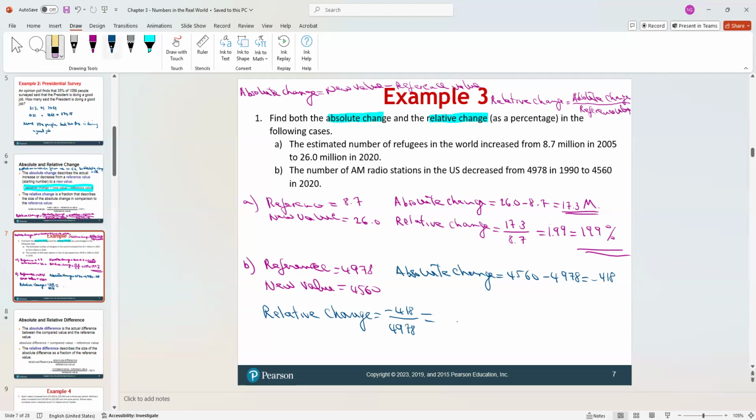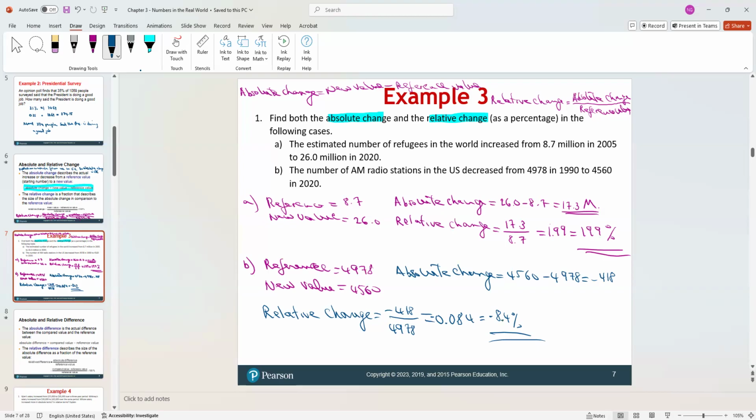We get 0.084. So we said it's negative, negative 8.4. But if we talk about decreasing, we don't need to use the negative sign. We can say it decreased by 8.4%, right? Decrease means negative, right?